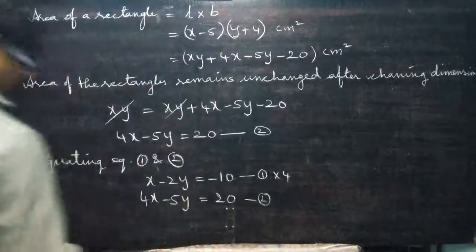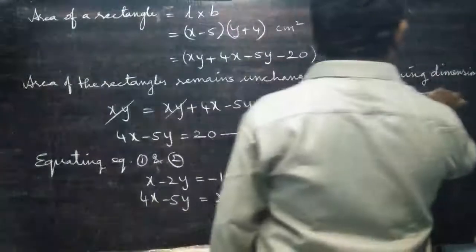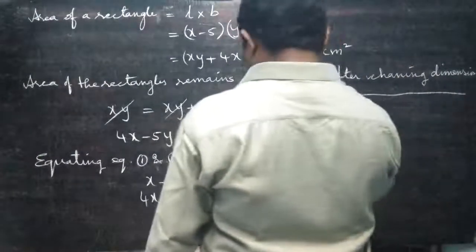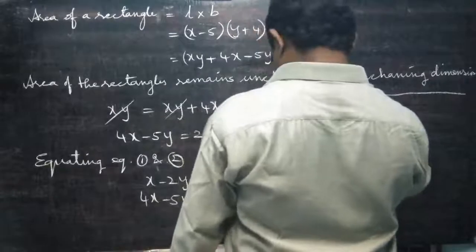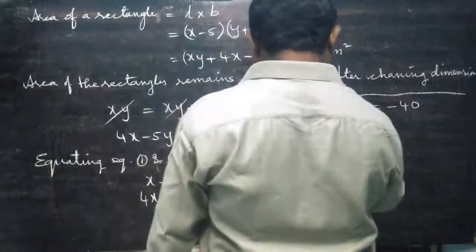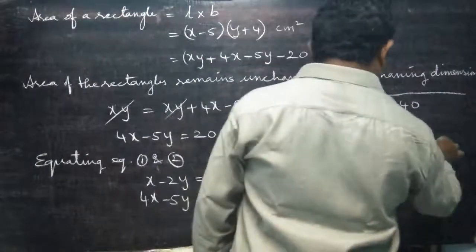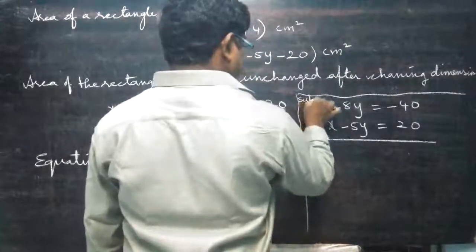Multiplying with 4: 4x minus 8y is equal to minus 40. 4x minus 5y is equal to 20. I want to subtract because the signs are same.